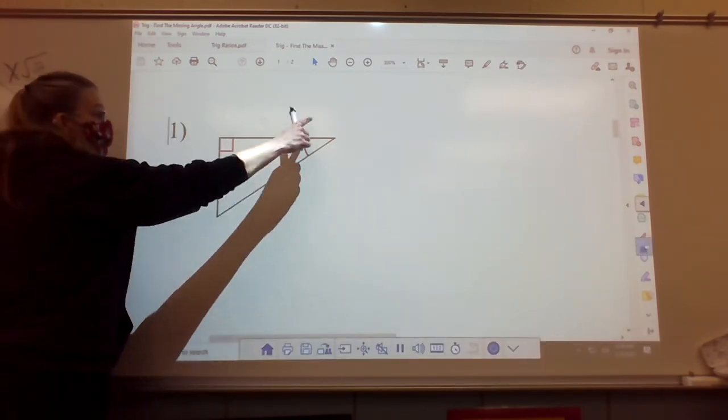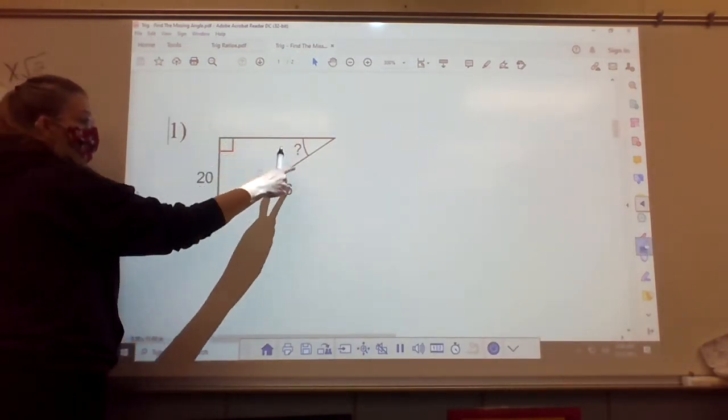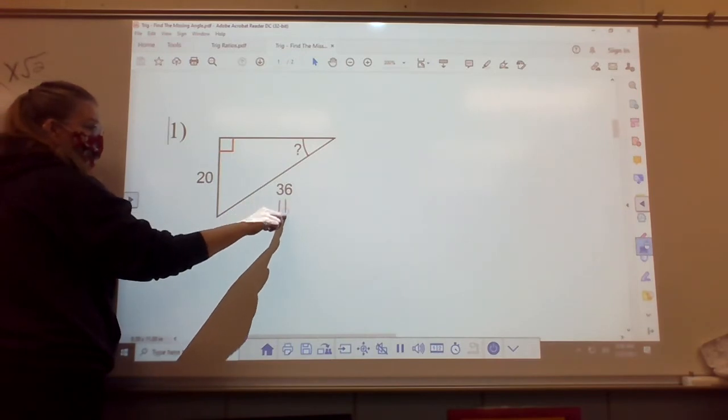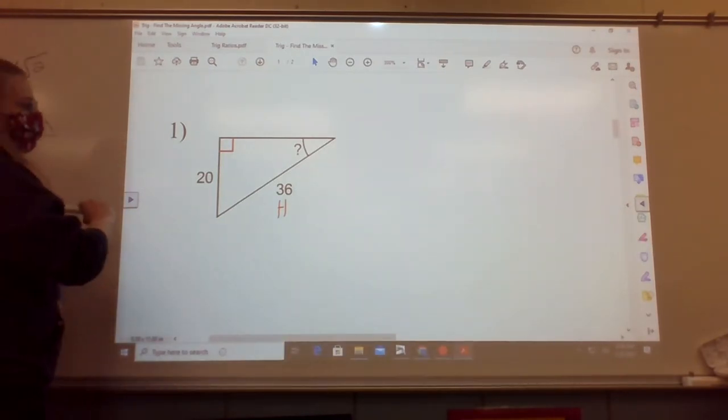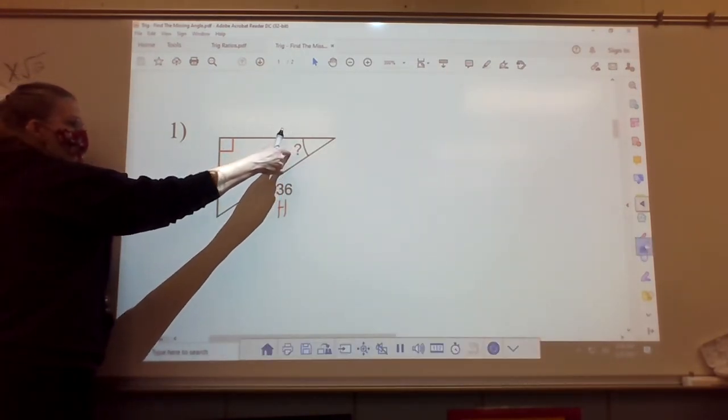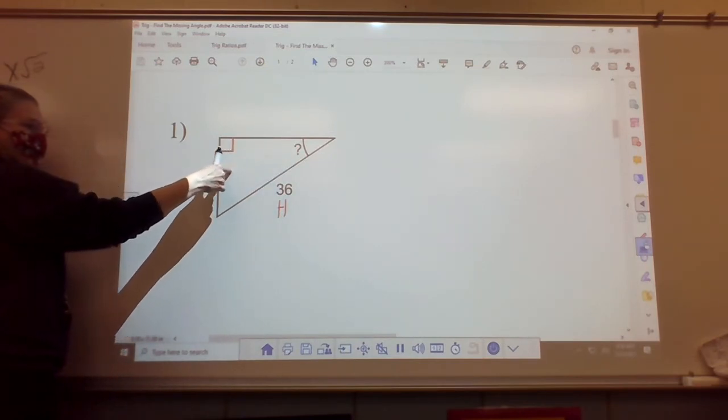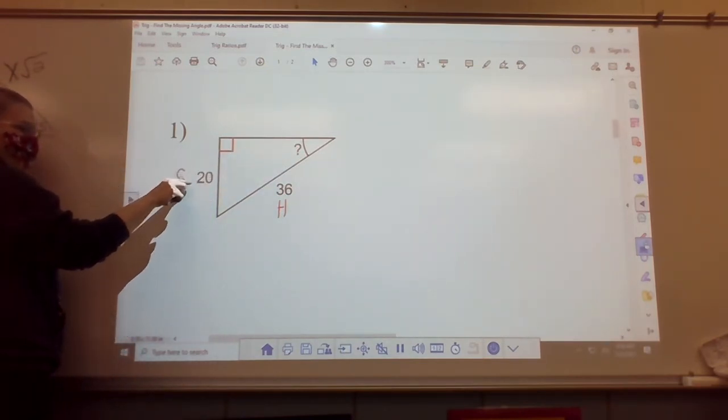So the hypotenuse, longest side, that's the 36. Mark that. Same as I did the first one. From the question mark, the opposite must be 20.